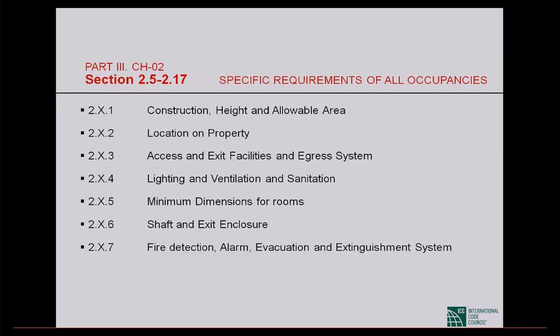The third one is access and exit facilities and egress system. Fourth is lighting, ventilation and sanitation. The fifth is minimum dimension of rooms. Then shaft and exit enclosures, and fire detection, alarm, evacuation, and extinguishing system. These will be more or less common to all the specific requirements of all occupancies.